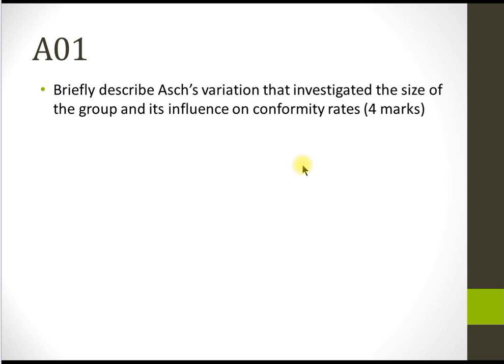Remember, it has to be specific, coherent, use examples, and so forth. Briefly describe Asch's variation that investigated the size of the group and its influence on conformity rates. 4 marks.